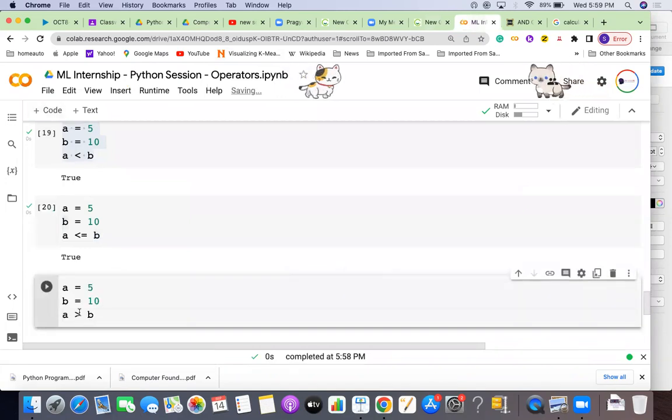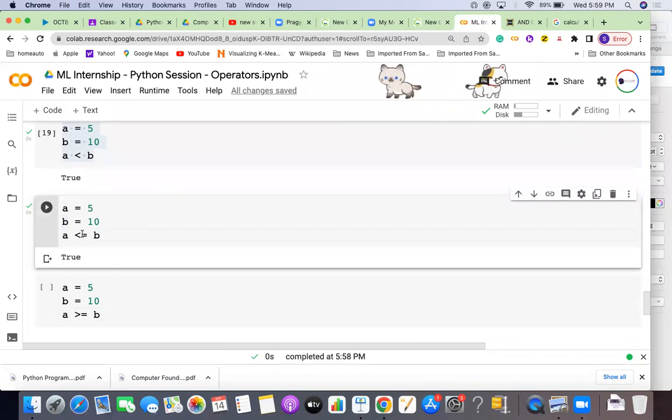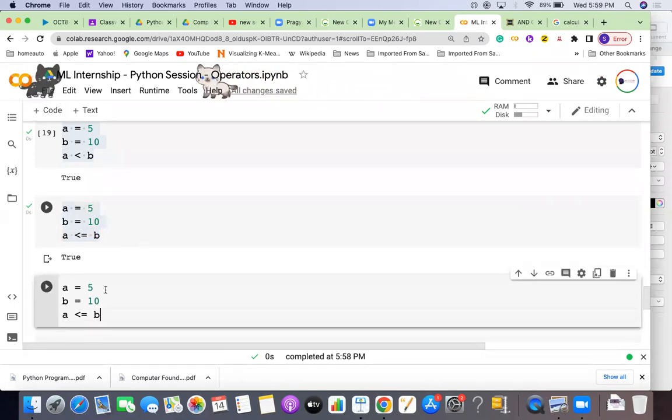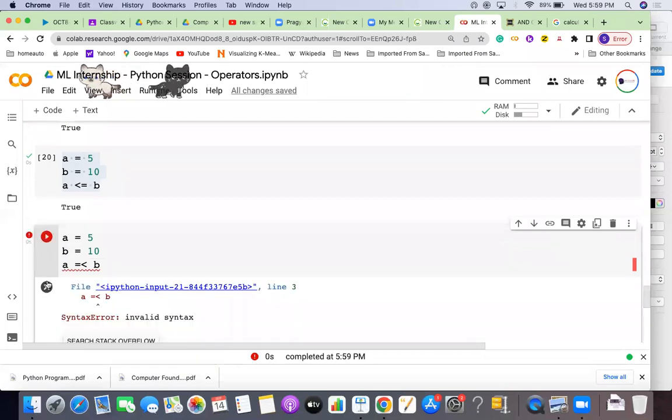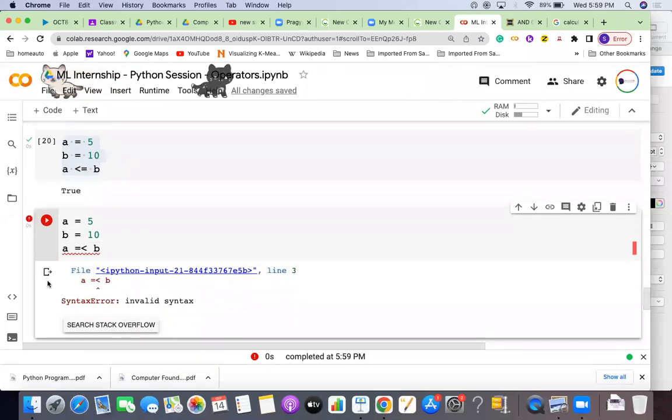Now, another thing you should remember. I am not giving equal after that operator. I am giving equal to the right of that operator, not left of that. See, if I give something like this, it will give an error, because this doesn't exist.